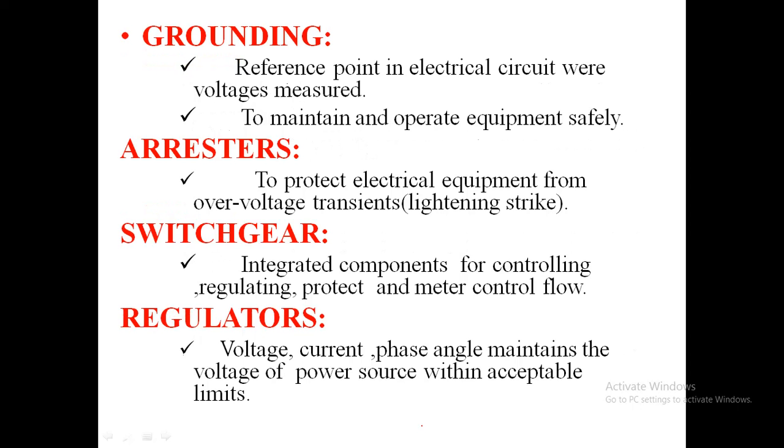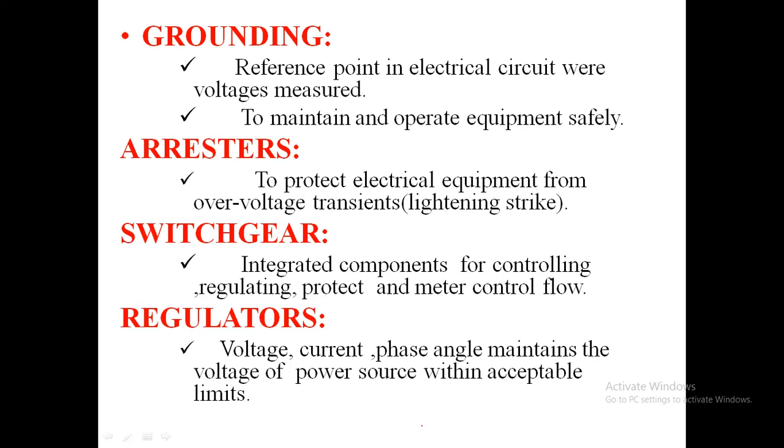Next are groundings or earthings. It is a reference point used in our electrical circuit where the voltage is to be measured, and also to maintain the equipment safely. Next are surge arresters, to protect the equipment from over voltage transients or lightning strikes. Next is switchgear, which is an integrated set of components for controlling, regulating and protecting the flow.